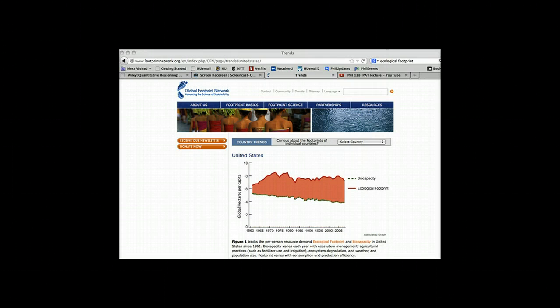And just for contrast, here's the United States, which, as you can see, has been exceeding its biocapacity, according to this analysis, since the 1960s. It's gotten worse, and as you can see in this graph, the biocapacity is also declining, although interestingly, if you contrast it to the Congo, you'll notice that it's not declining as significantly as the biocapacity of the Congo is.